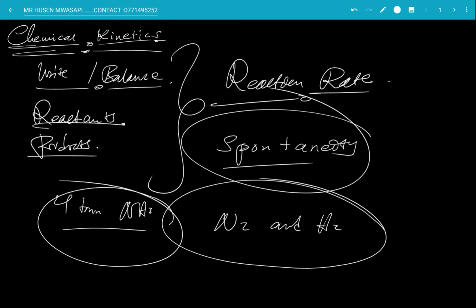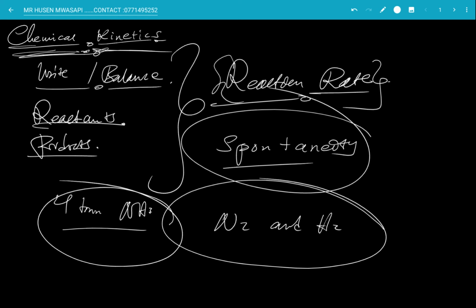So we need to learn how to study how fast or slow the reactions will be. Anyway, in a nutshell, I can conclude that chemical kinetics is just the study of reaction rates.